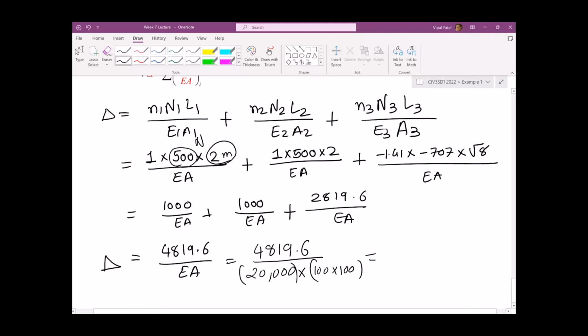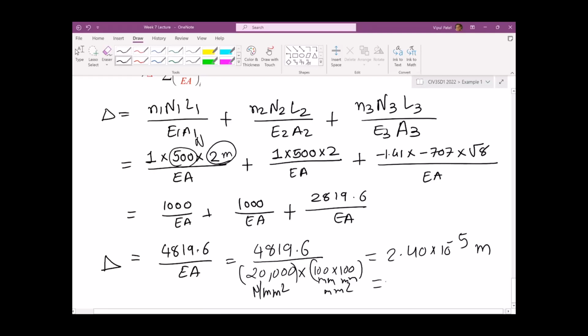So let me work it out. 0.6 divided by 20,000. This is, by the way, Newton per millimeter square, 20,000 megapascals, and these are millimeters, so millimeter square. So 20,000 times 100 times 100. You get 2.40 times 10 to the minus 5, and that is in meters.